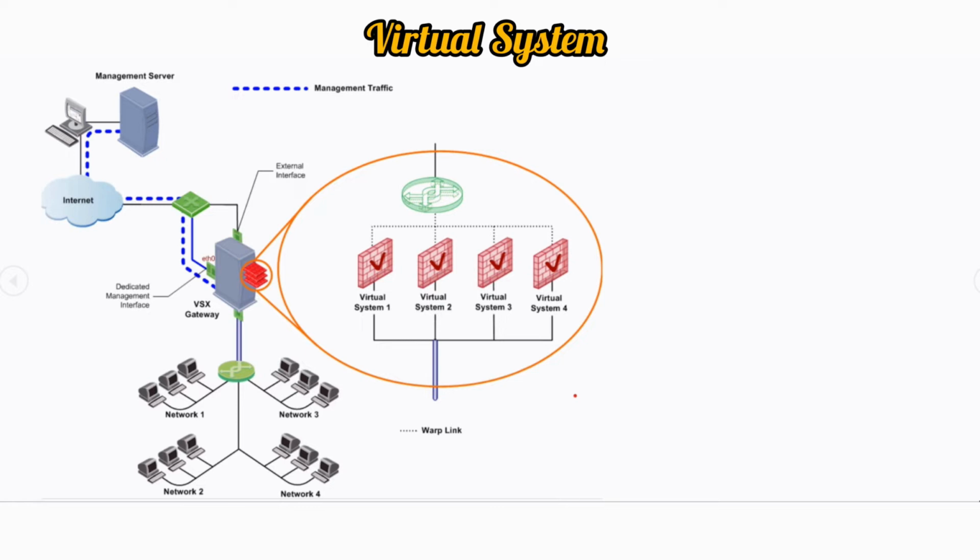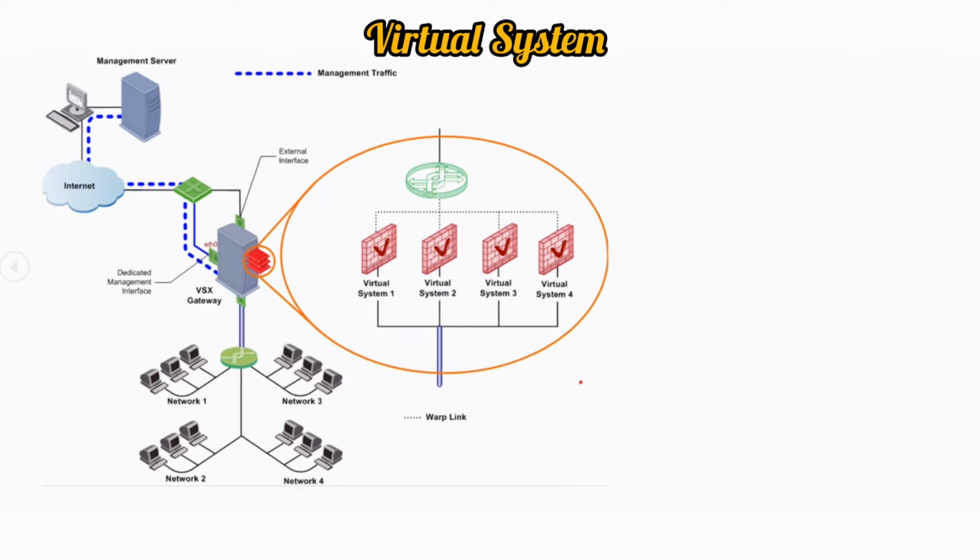This virtual system acts like a firewall, and as you can see on the screen, you can create multiple virtual systems. That is the purpose of the VSX gateway, and you can use all these virtual systems for different customers.